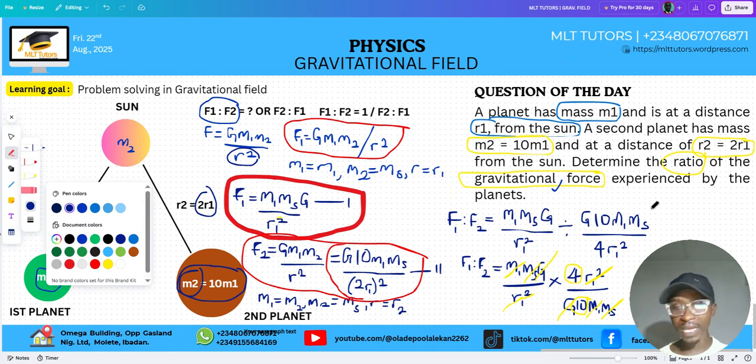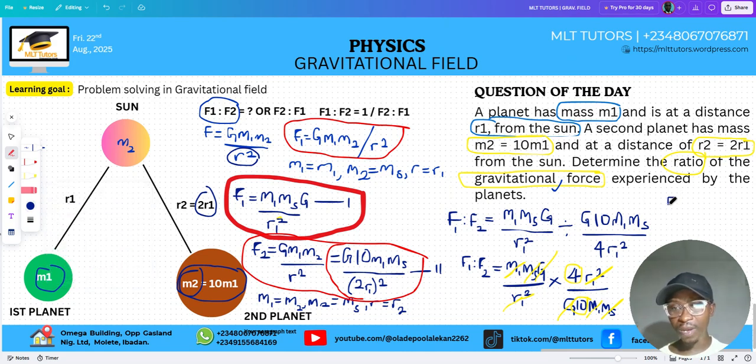So that implies that our F1 ratio F2 is actually equal to 4/10. Then 4/10, there's a common factor here, which is 2. 4 divided by 2 equals 2, then 10 divided by 2 equals 5.